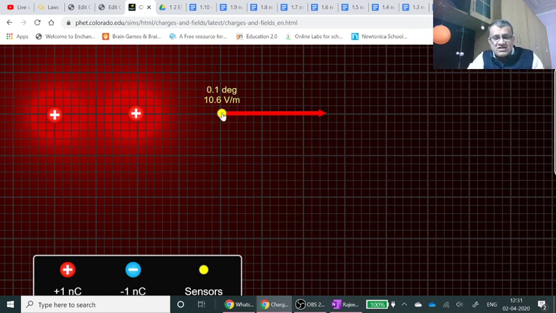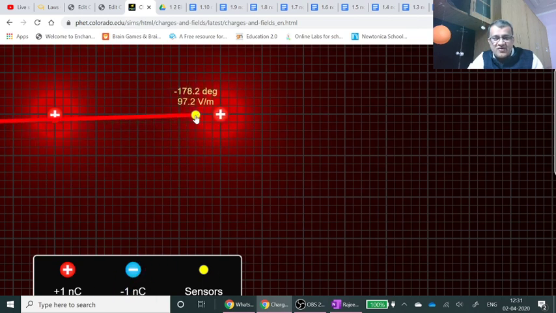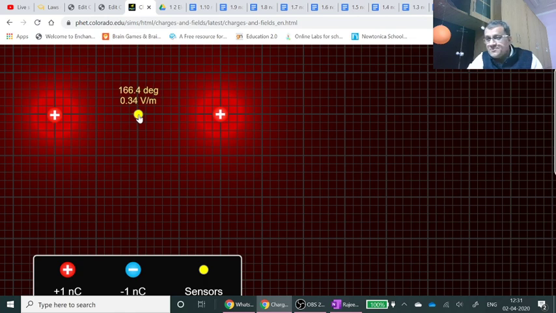We have done questions where the charges are kept along, say, the x-axis, and we found the electric field on the line joining the two. At the center it is 0. We have also done this question: when you move on this perpendicular line, the net electric field is in this direction, as seen on your screen.